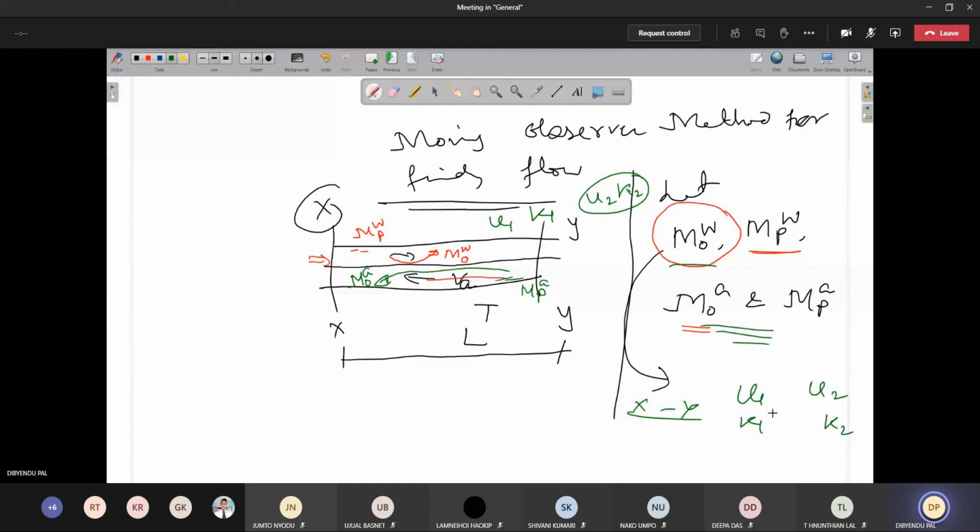And my test vehicle, which was running here, say was running with a speed of BW.